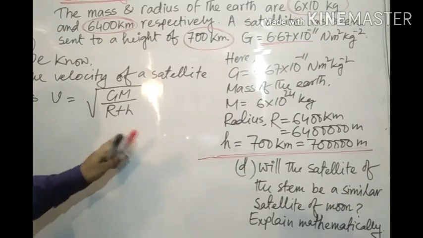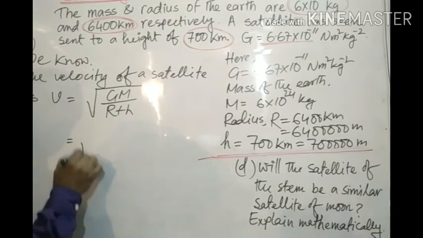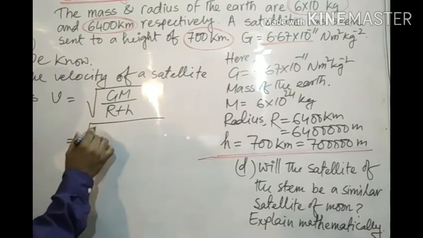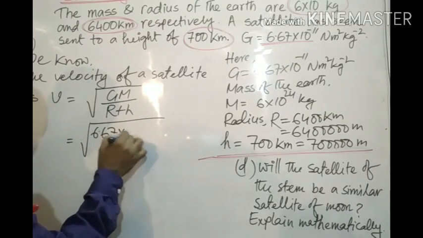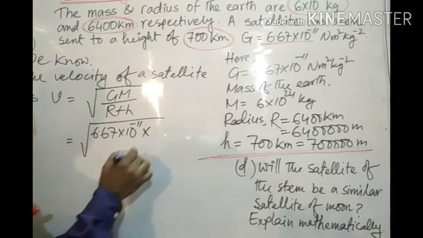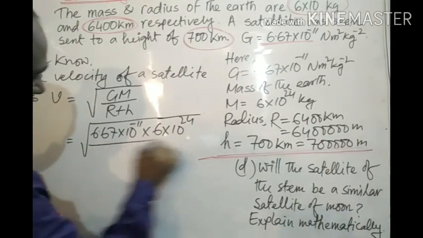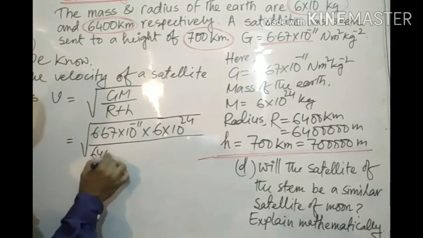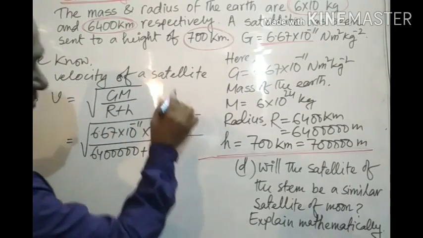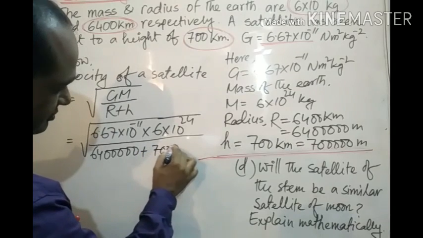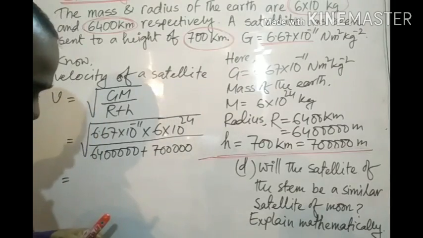So if we place the values in the expression, square root of G means the value 6.67 × 10^-11, M means 6 × 10^24, divided by R, 6,400,000 plus H. H means 700,000.